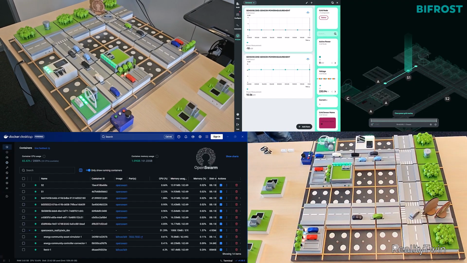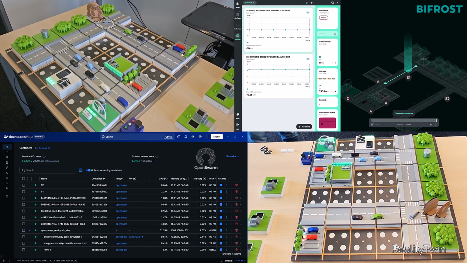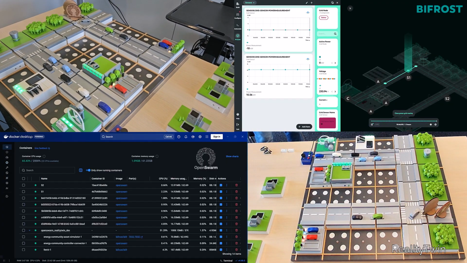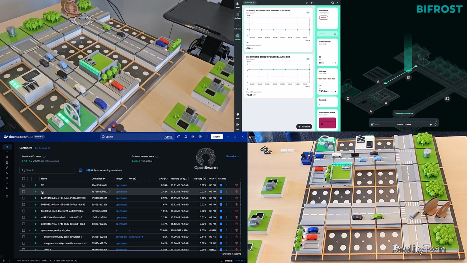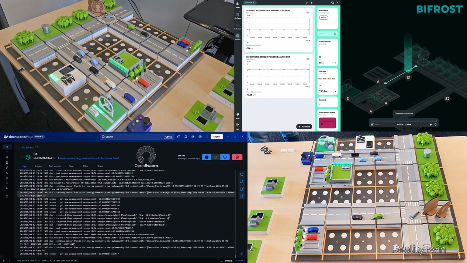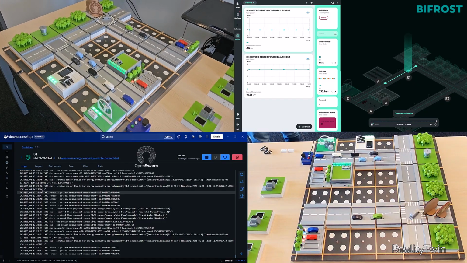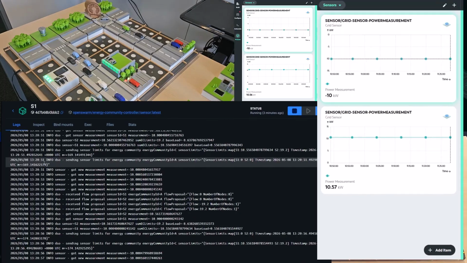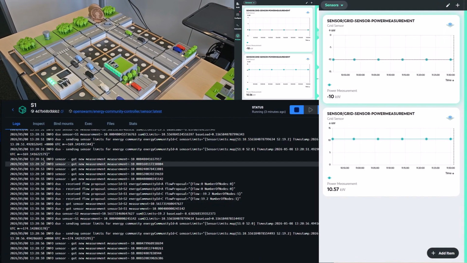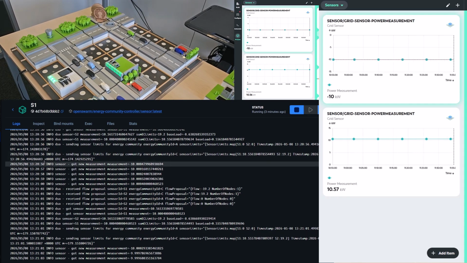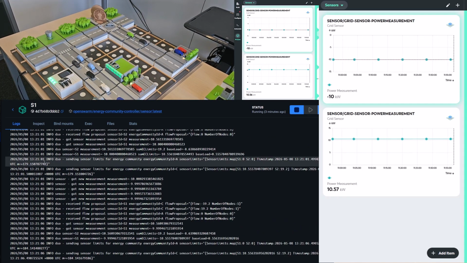How is this done? In our case, the DDA nodes of the energy community propose their operation in terms of power distribution to the sensor nodes. The sensor nodes use this information along with primitive topological information to check if certain grid limits are violated.